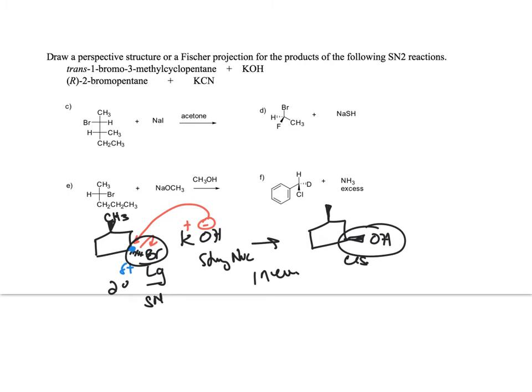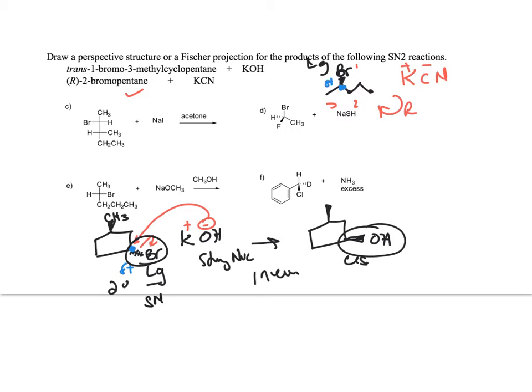Okay, here we have R-2-bromopentane, 1, 2, 3, 4, 5. If you make this come at you and you do your rules, 1, 2, 3, you'll see that that's R, so that's good. And this is your electrophile, that's your electrophilic carbon. Your bromine's your leaving group, and then you have potassium cyanide.